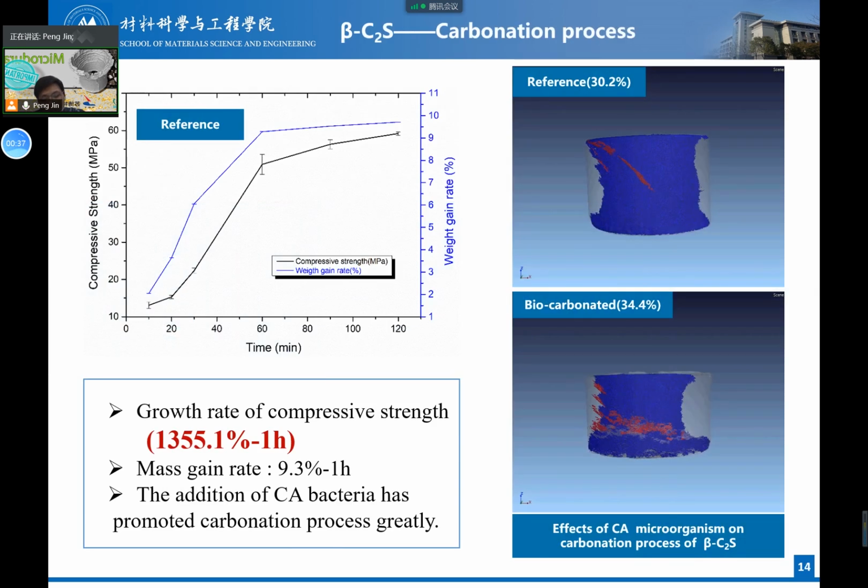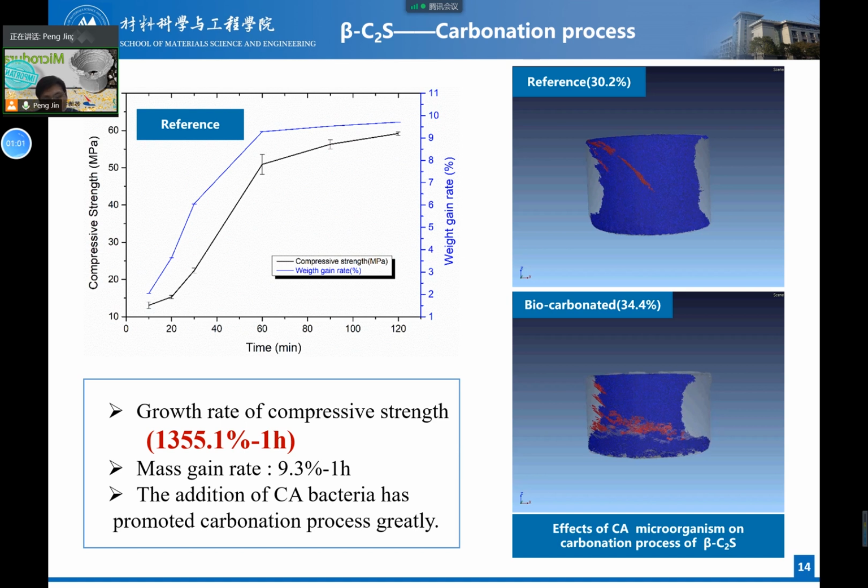Almost pure beta C2S was synthesized to conduct this carbonation experiment, and results show that the compressive strength was improved by 1,355.1% within 1 hour.